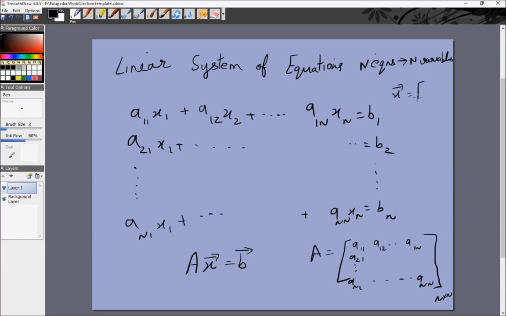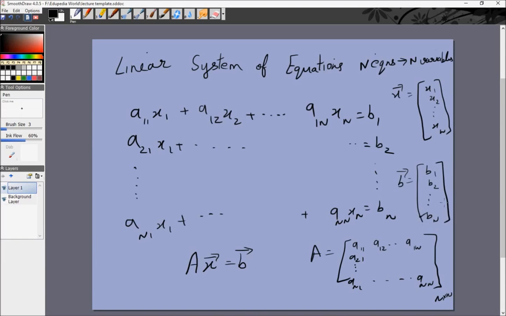X is a column vector x1, x2 till xn. So when you multiply A by this, you get the first row, which is a11 x1 plus a12 x2 and so on. We've seen how to multiply a vector with another vector, or a matrix with another matrix, in this case a row vector. We've seen how to do that before. B will be a column vector b1, b2 till bn.